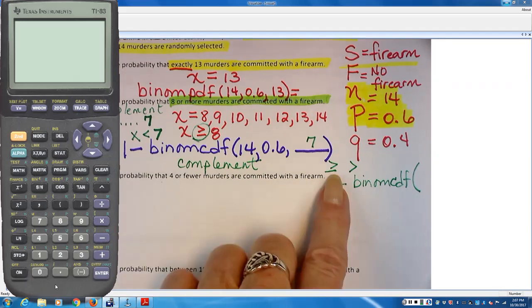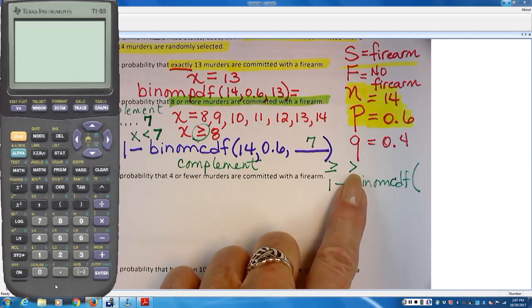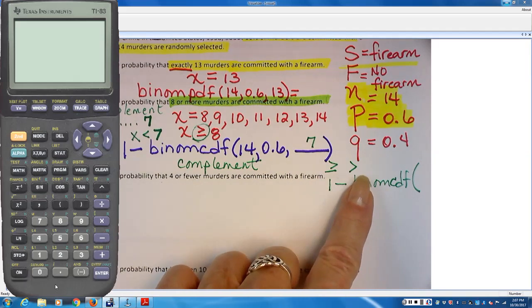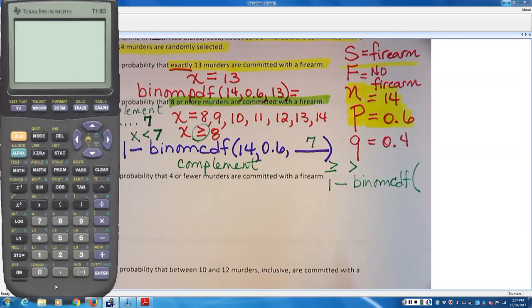When you've got greater than or equal to either one, 8 or more, that says higher. Notice the number is below the number: it says 8, count 0 to 7.